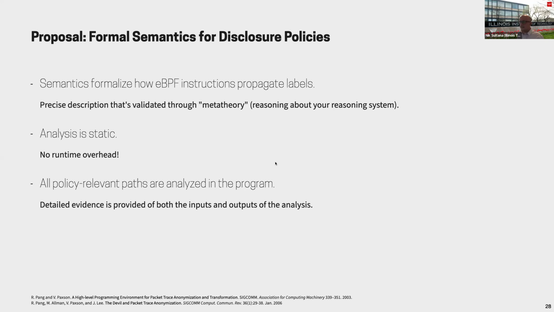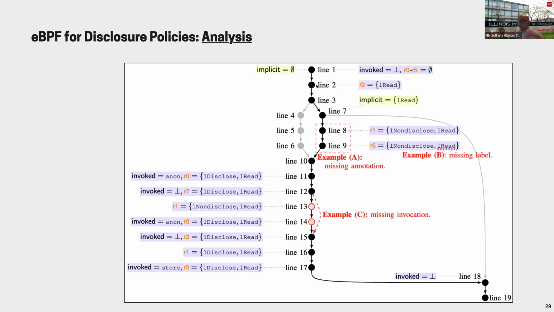The way it works is by essentially looking at every possible execution of the program and every policy-allowed mapping of labels to the program, and ensuring that you never have an invocation of a function with the wrong labels.